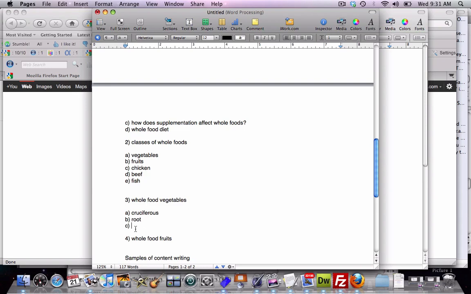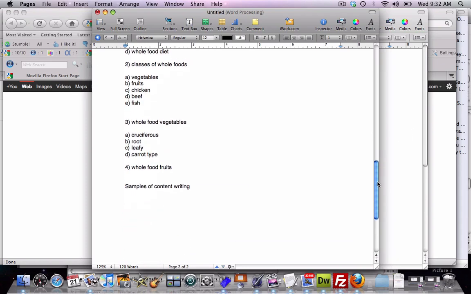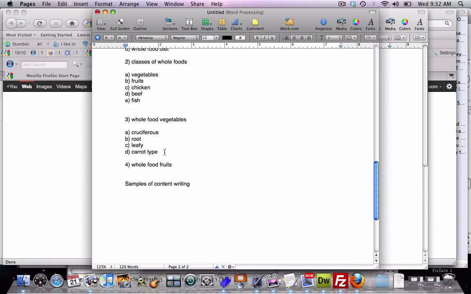Okay, so we have root vegetables. How about leafy vegetables? And what's one more kind of vegetables? Carrot type vegetables. So I'm thinking about the ones that have, I don't even know what that's called, the pigmentation that gives it. So I think there's a few different vegetables that are in that class.